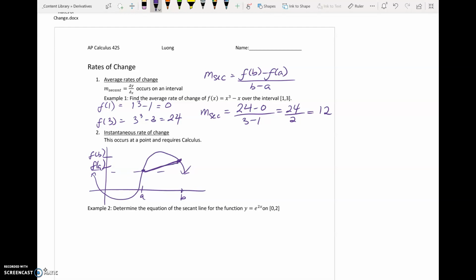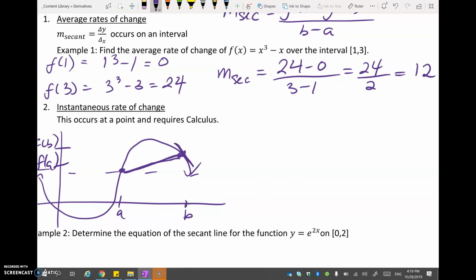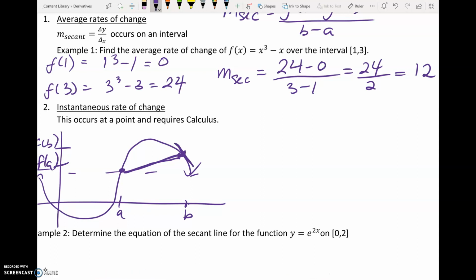Now for your tangent, this occurs at one point. Let it be the B. So if you look at the slope right over here, it looks like it's going down. It's a downward slope. So for your m secant, it's going to be your slope between 2 points, but the m tangent is going to be the slope at that exact point at B here. So this is your tangent, and this will be your secant.